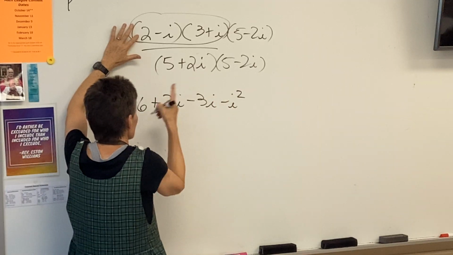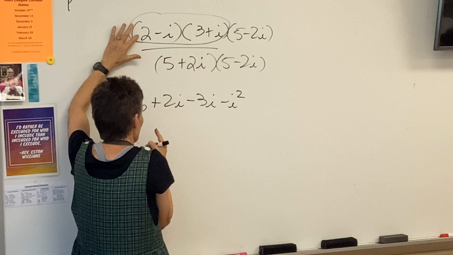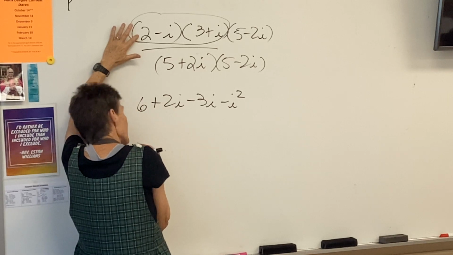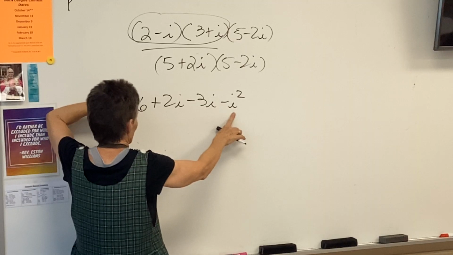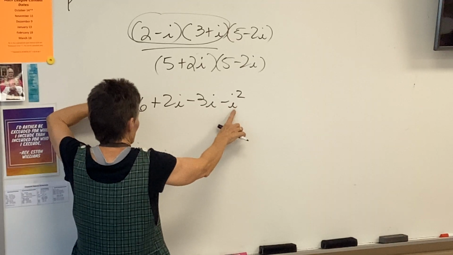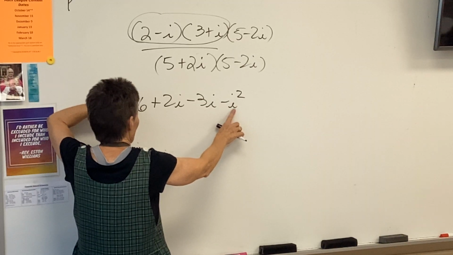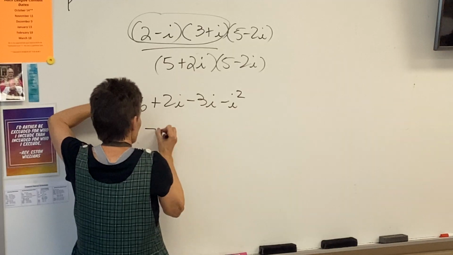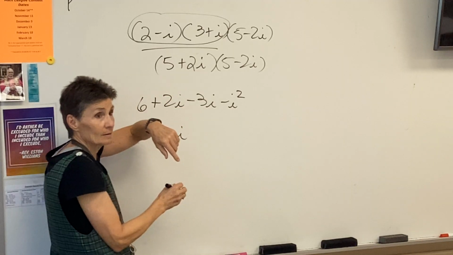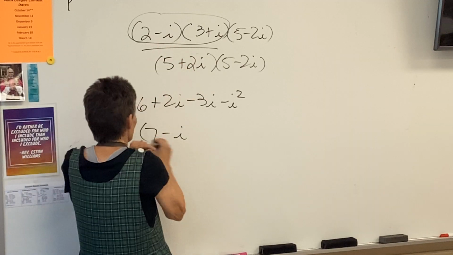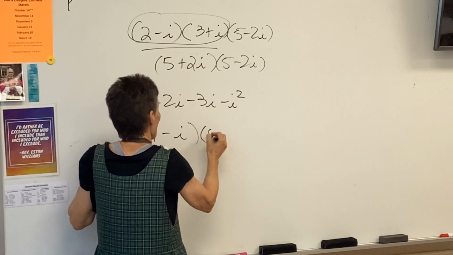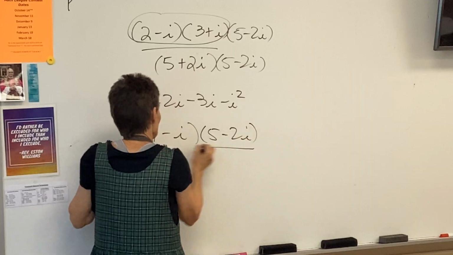Okay, that's just the first two. And what is that going to become? This is going to be plus 1. So I got 7 minus i for the first two. Then I got to multiply by Kate's 5 minus 2i.